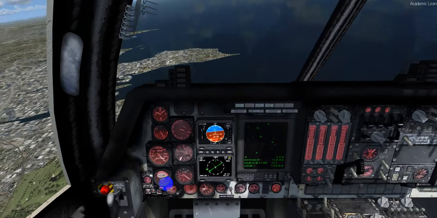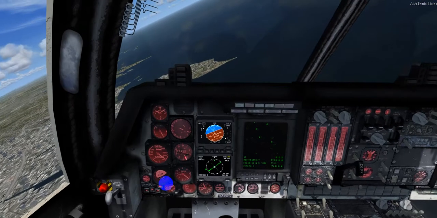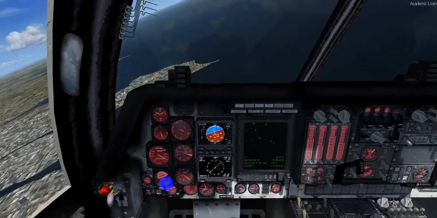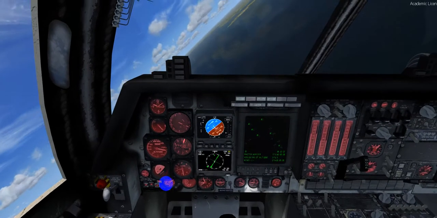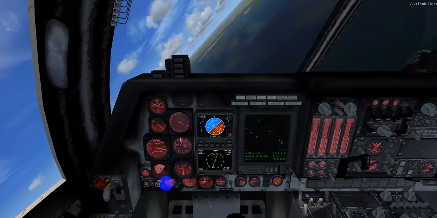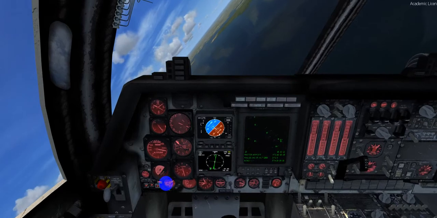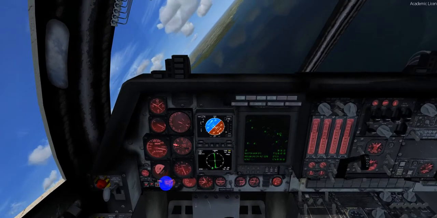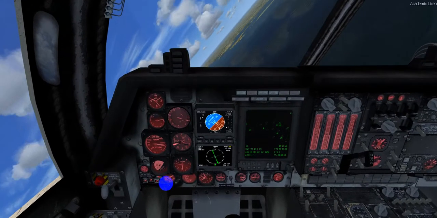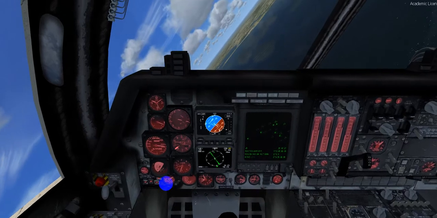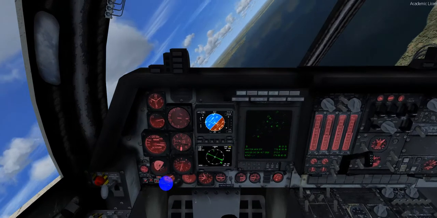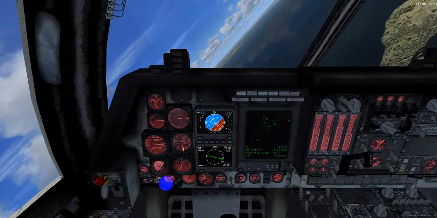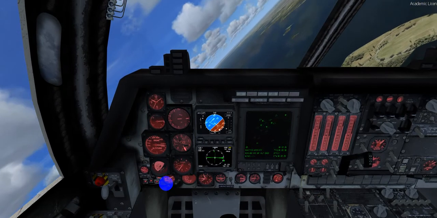So the next best option for military aircraft with ejection seats, if we could not make a runway, is to fly along the coastline and just eject. And that just means parachuting out. So at this point in time, there's really no other options.